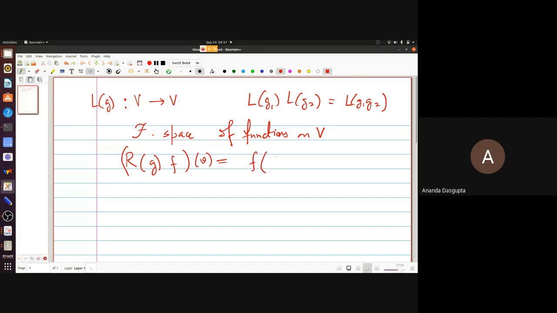You say it does this, LG inverse acting on V. We justified why we need to do this the last day. That is, this actually ensures that RG1G2 will be RG1 RG2. So we will have a representation in this new vector space, the linear space of functions on V.